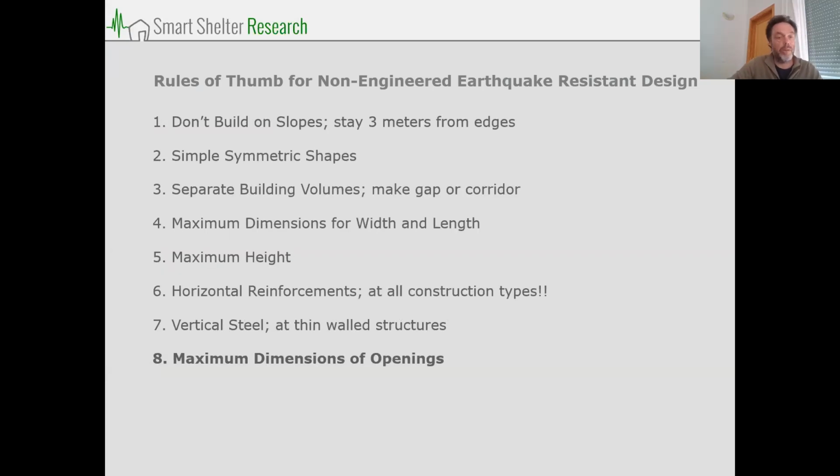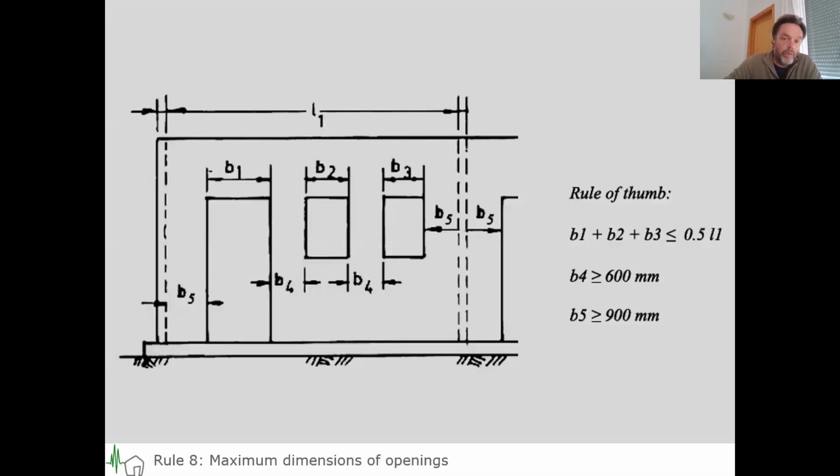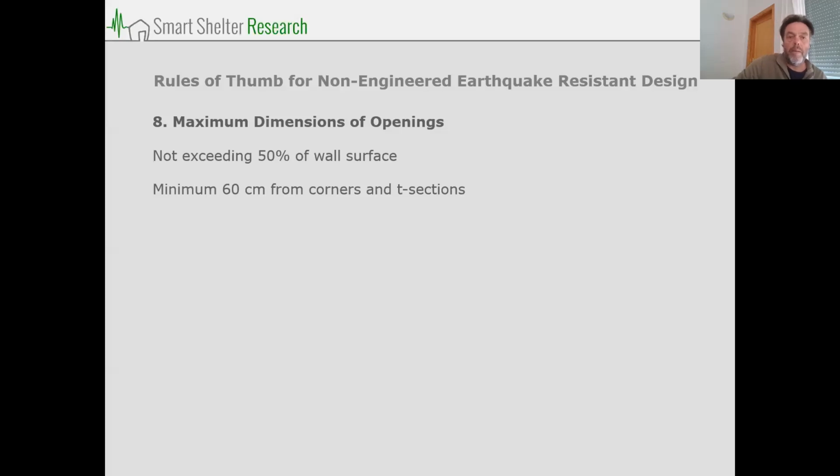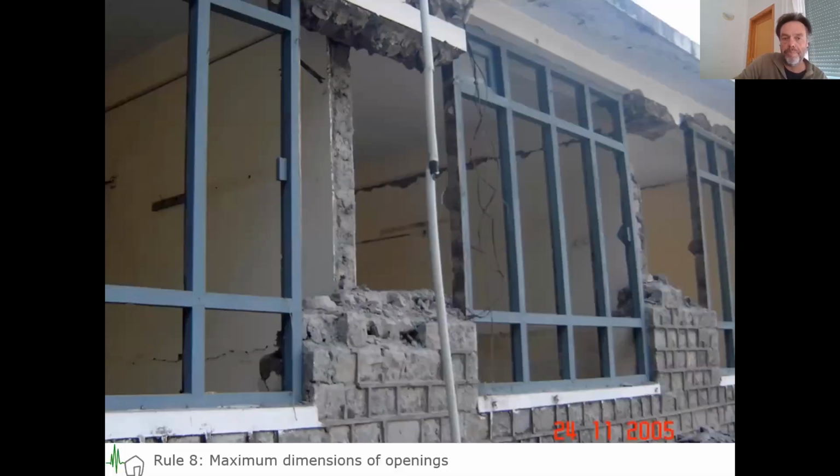Then there is something to say about maximum dimensions of openings. Different codes, different rules, different manuals. But roughly what we said: in corners, we at least make sure that there's a wall panel of 60 centimeters, but preferably 90 centimeters. And also, you should not exceed 50% of openings of the total wall surface.